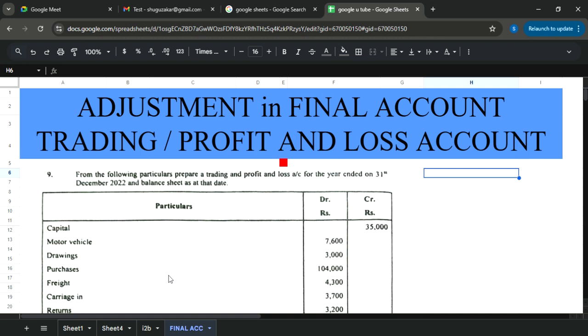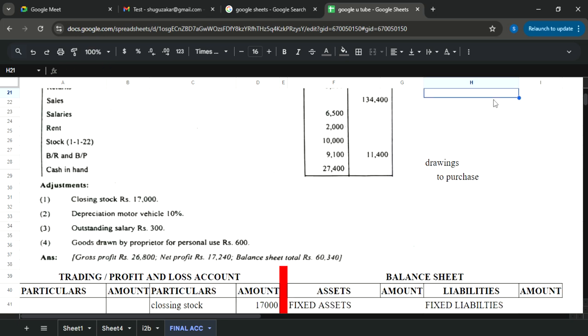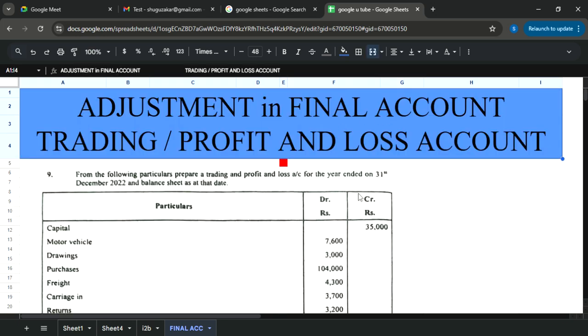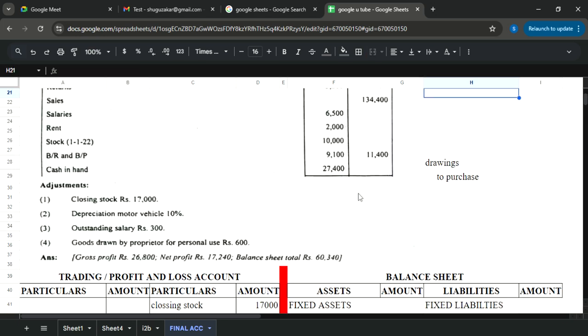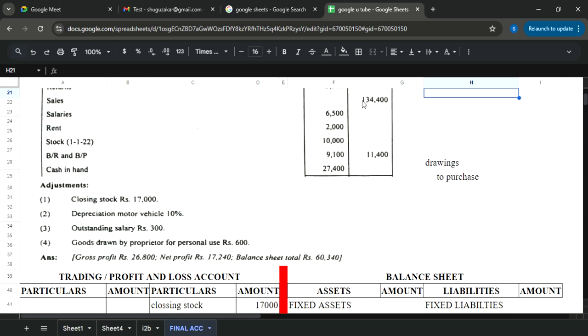Now we can focus upon the trial balance. Each element would be posted to the relevant place. First is capital 35,000, and here you will write capital 35,000, and we will wait for net profit or net loss, then we can adjust it. After capital we have motor vehicle, which is already written. Look, motor 7600 is written.